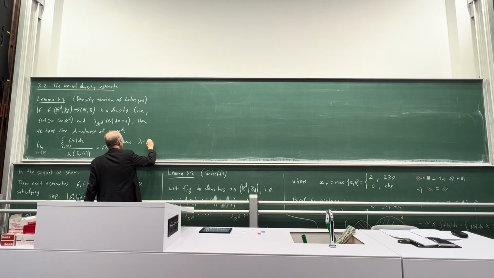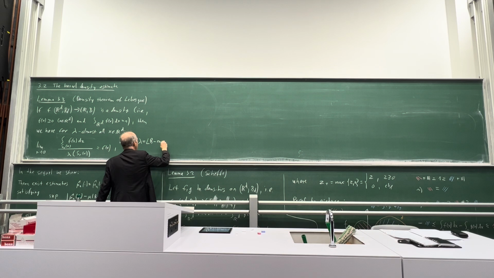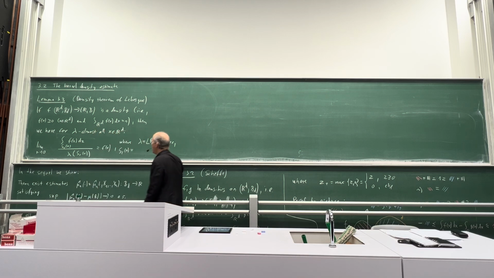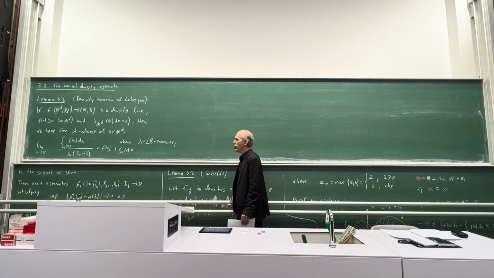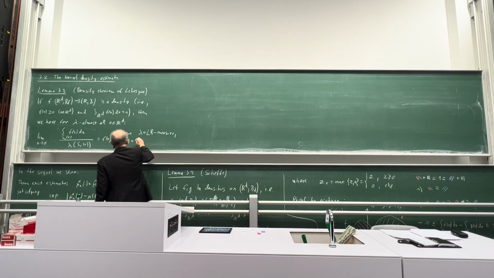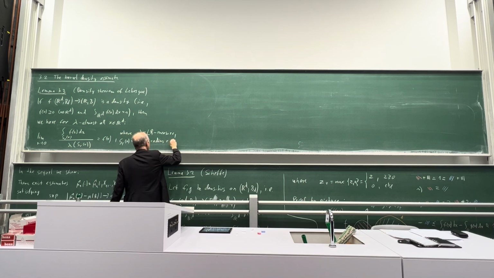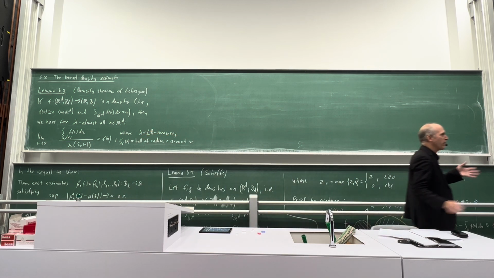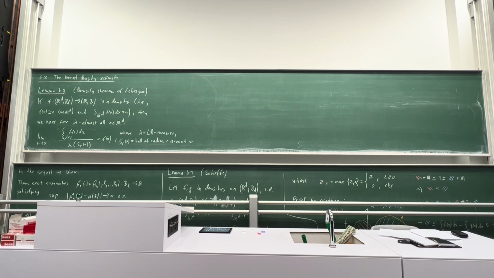Where lambda is the Lebesgue measure, and S_r(x) is the ball of radius r around x. And I don't specify whether the ball is open or closed. It will be closed, but it doesn't matter.